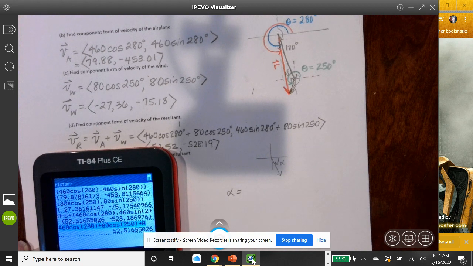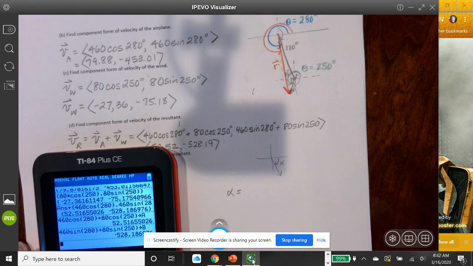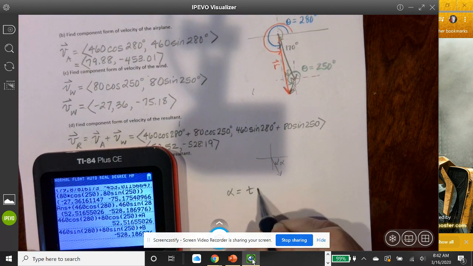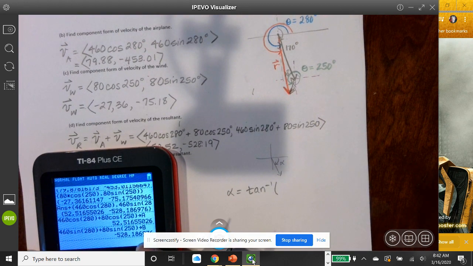Now I can grab this, bring it down, and I can change these cosines to sines. I don't know if that's any faster than typing it out, but I'll let you guys be the judge of that. And then we're going to store it into alpha B. All right, so A and B are my components. So I'm going to do the inverse tangent now of the B, which is negative.